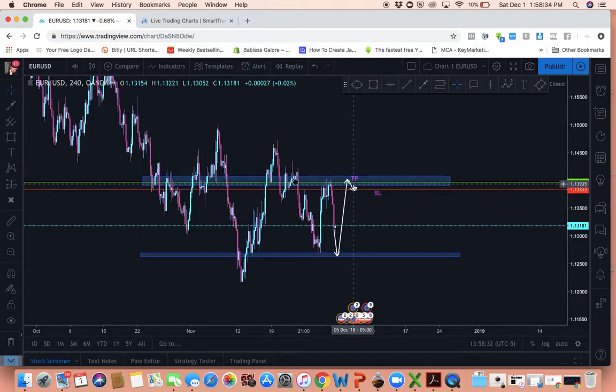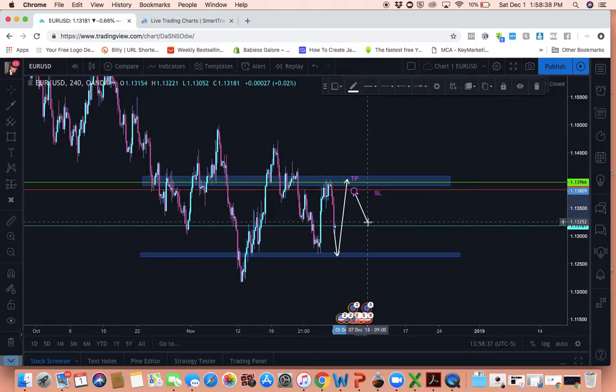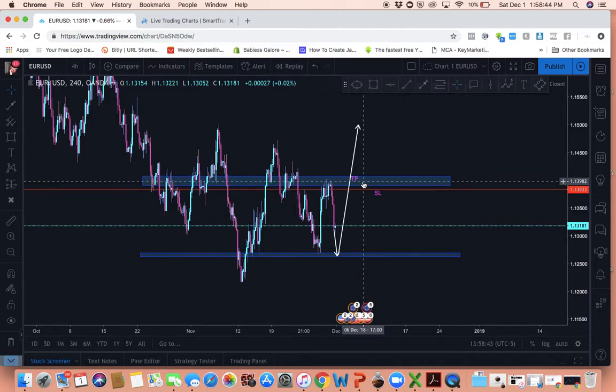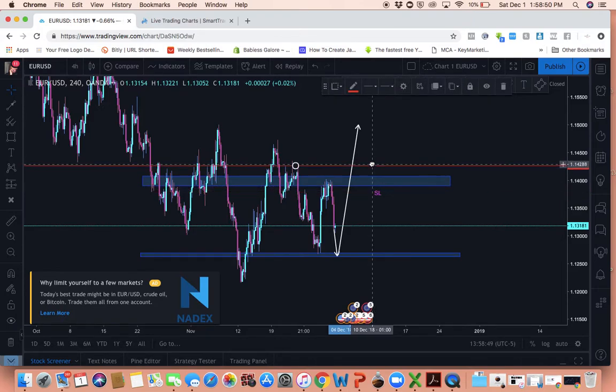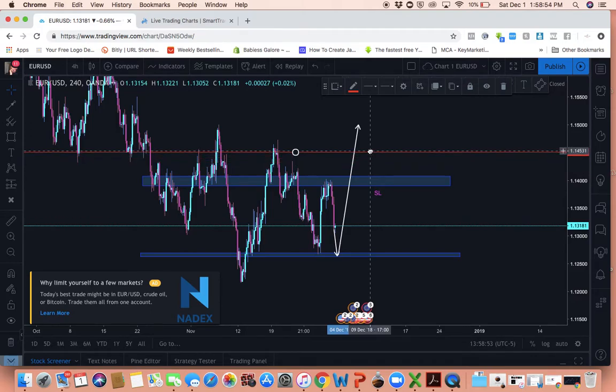But say the market didn't reverse and it decided to just continue going up, and I didn't have a take profit set, I would keep trailing my stop loss. The further this market keeps pushing up, the further I will keep moving my stop loss.